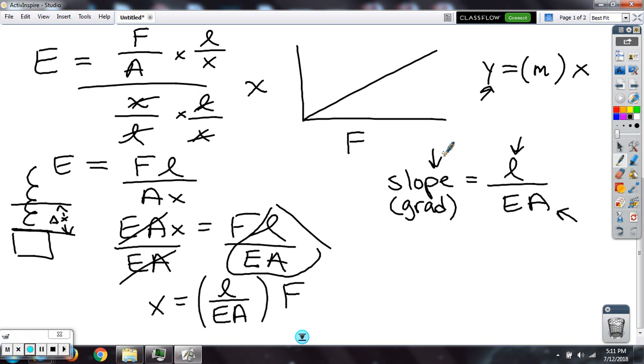I can just swap E and slope, and I get that E equals L over the slope times the area. And so you'll see on your paper Young's modulus, length over A times the gradient. That's the same thing as this.